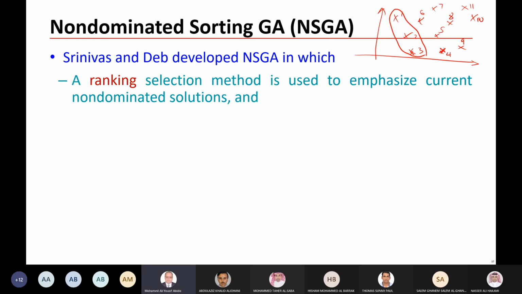So take these solutions out of the population. This is the first front, so let us keep them aside. This is front number 1, or rank 1.